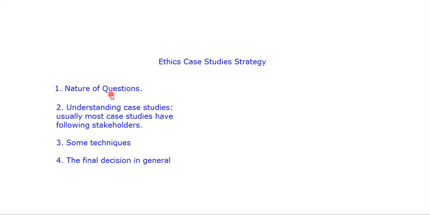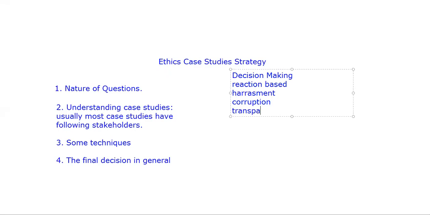I'll make you write all these things. First of all, let us understand all these major headings, and I've been dealing with all such subheadings as well within this, right? As I've already explained, within the nature we have decision making questions, reaction based questions, harassment based questions, and corruption based questions, then we have transparency.